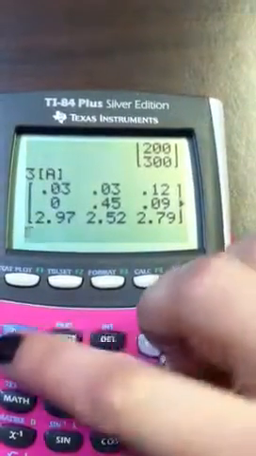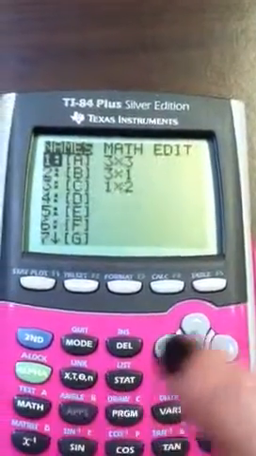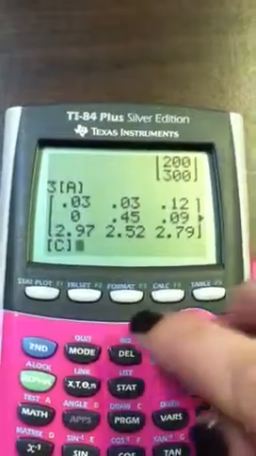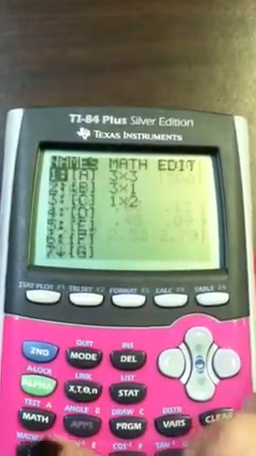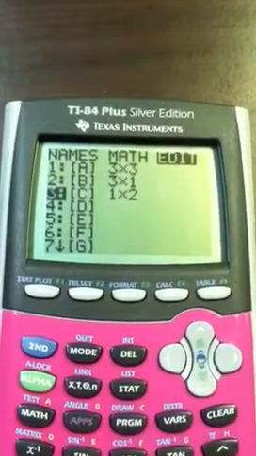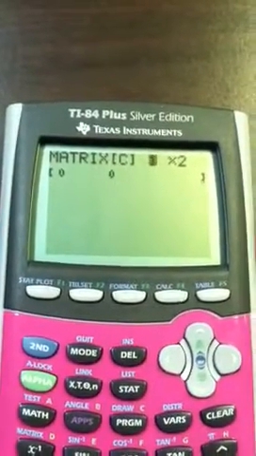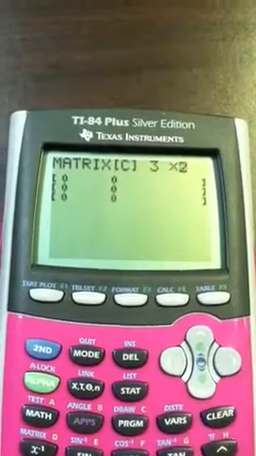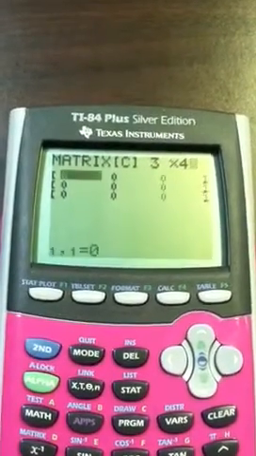If I go to my matrix, I'm going to make a new one, call it matrix C. Oops, I went to name, which is not what I wanted to do. I actually want to go and edit it. So let's go down to matrix C. I'm going to edit this, and I have a 3 by 4, and this is going to be an augmented matrix.